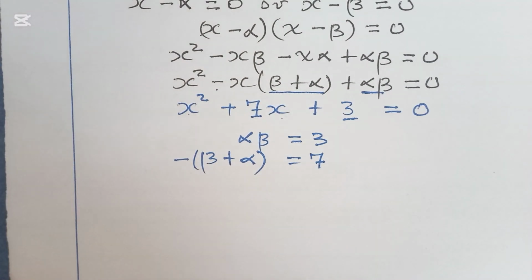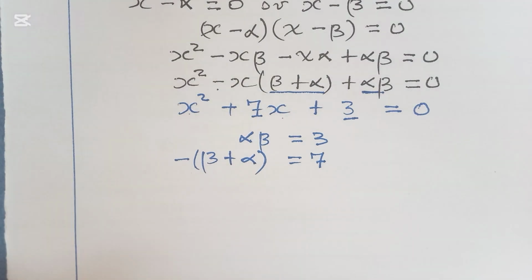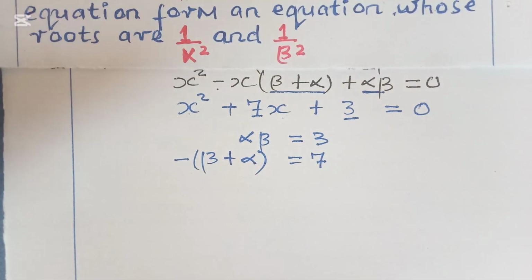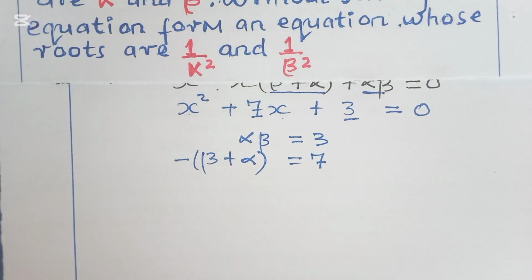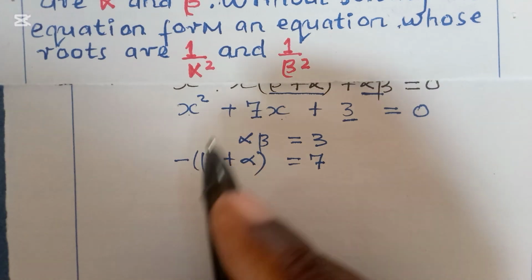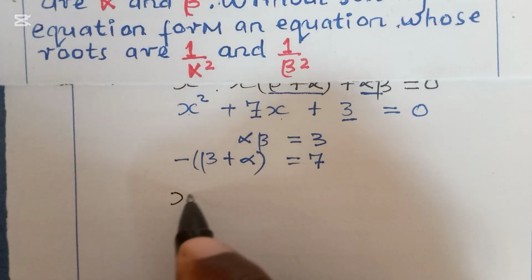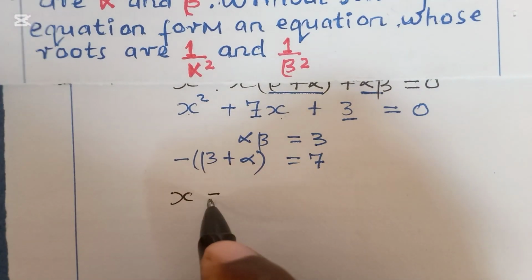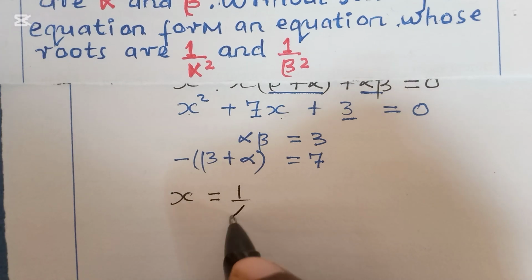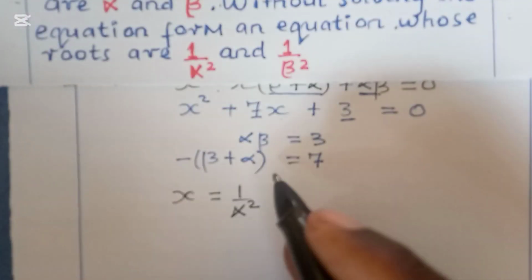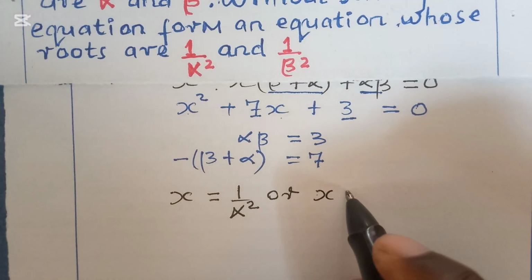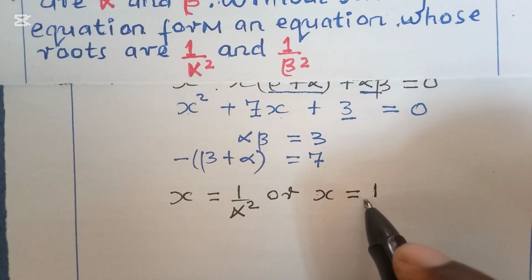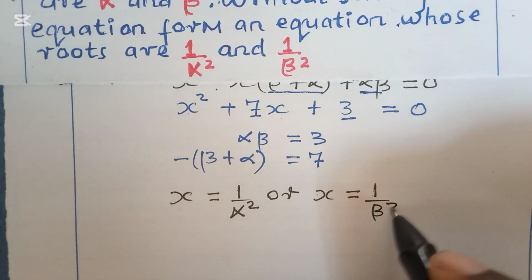And so therefore guys, with that, we can now come to the equation that we are supposed to form. We are supposed to form the equation whose roots are, again we say x is equal to 1 over alpha squared, or x is equal to 1 over beta squared.